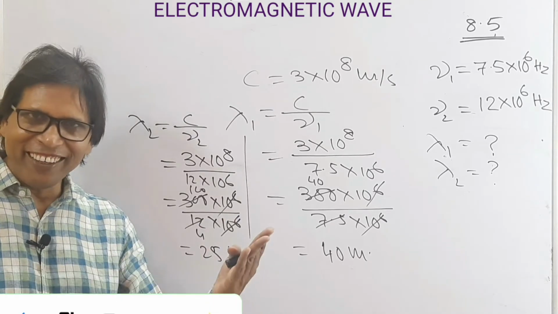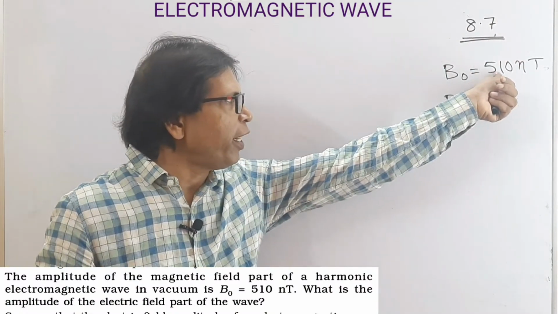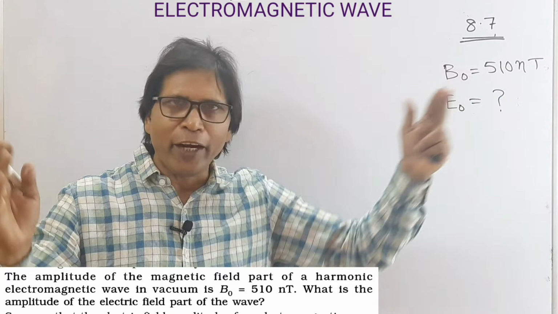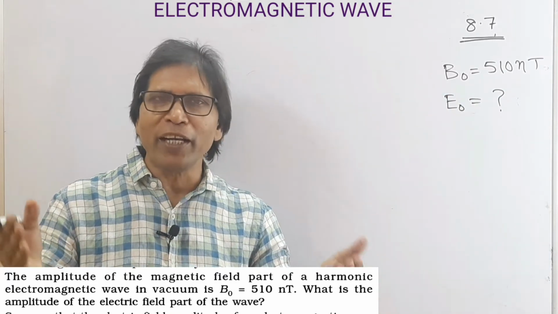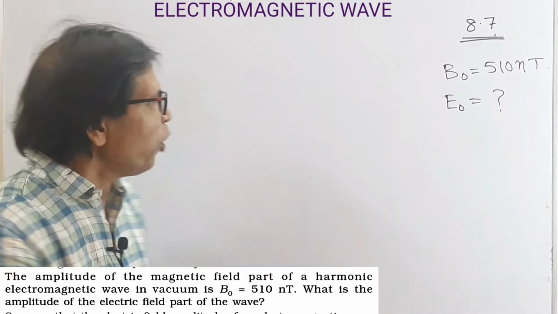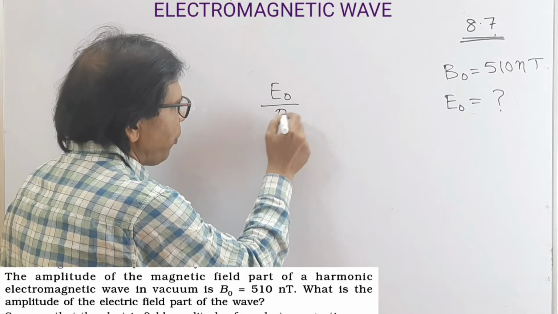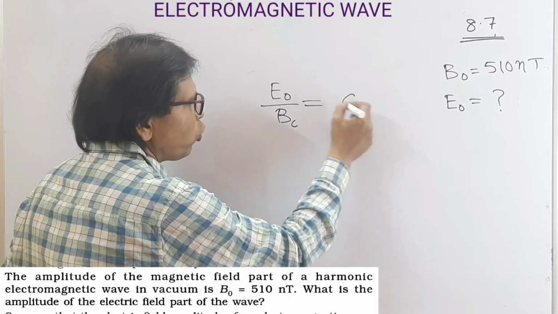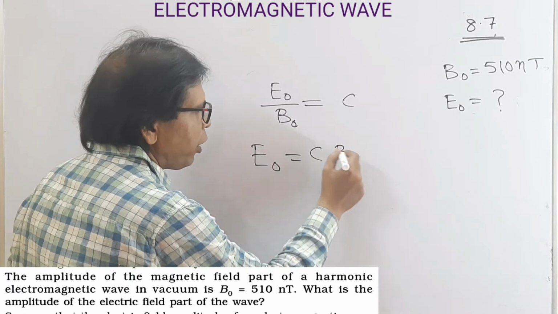Okay. Understood? Now 8.7. The amplitude of the magnetic field is 510 nanotesla. Now we have to calculate the amplitude of the electric field. We know from the characteristics of an electromagnetic wave, E naught by B naught equals c. So E naught equals c B naught.